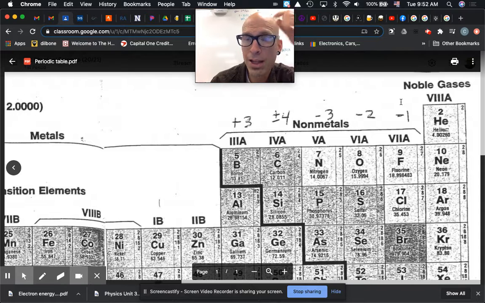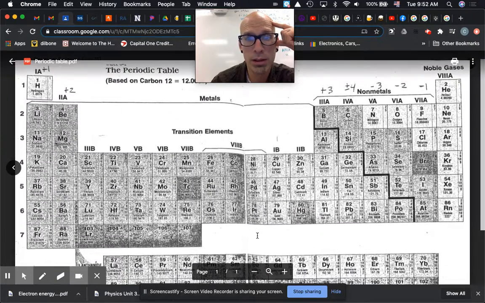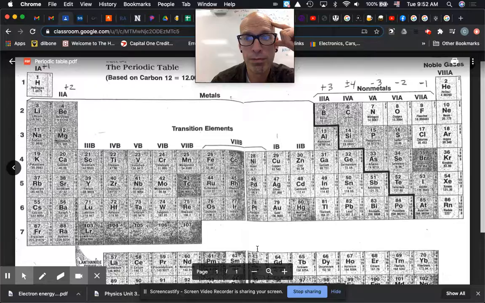And on the table that's hanging in the room, it says 17 at the top, and the 7 of the 17 is the valence number. All right, so if you weren't sure before where to find valence number, hopefully you're sure now where to find it, because I just showed you.